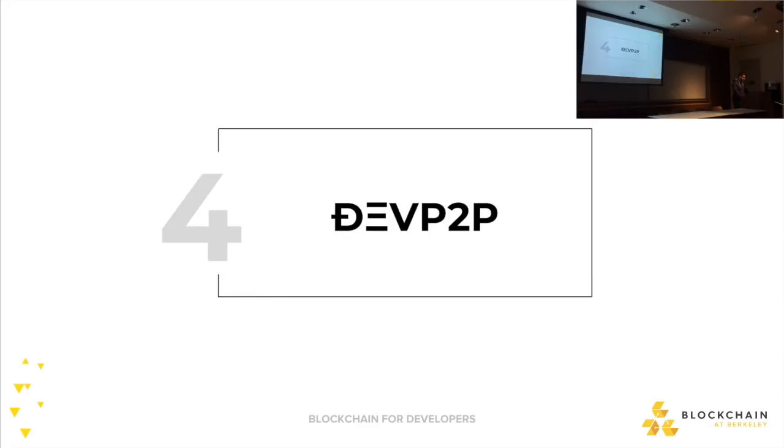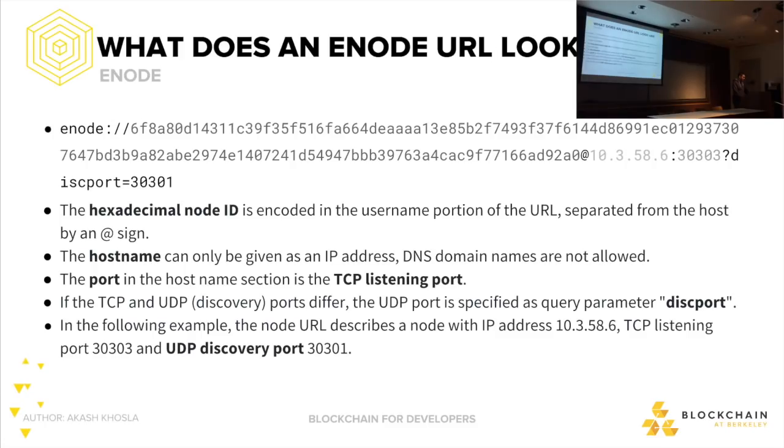We talked about what an enode URL looks like, but I'd like to recap for you. An enode is basically a really long URL. It looks a little intimidating, but all you do is specify the enode protocol. You then have a hexadecimal node ID right after it, which is pretty long. Afterwards, you put an @ sign, and then the host name, which is an IP address.